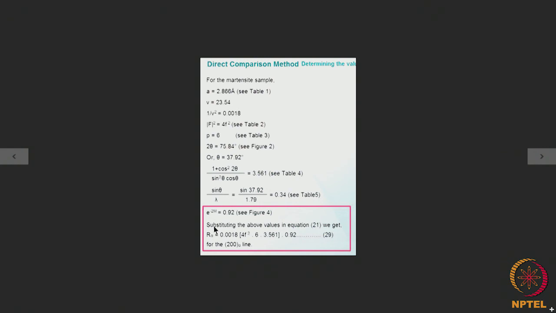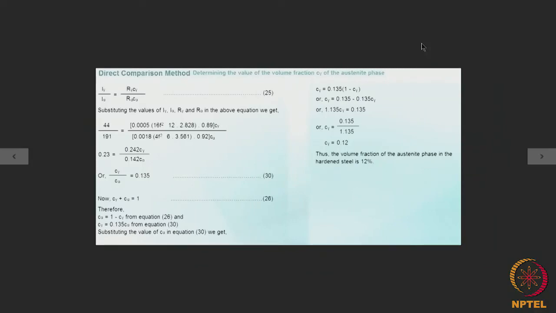Now we can substitute the above values in equation 21 and get R alpha is equal to 0.0018 into 4f square into 6 into 3.561 into 0.92. So now we have found out the values of R gamma and R alpha for the chosen lines.